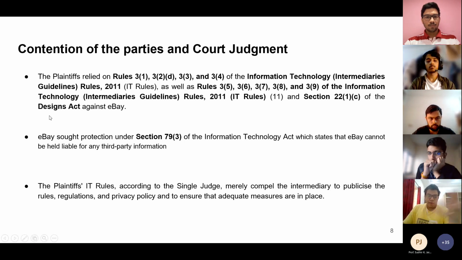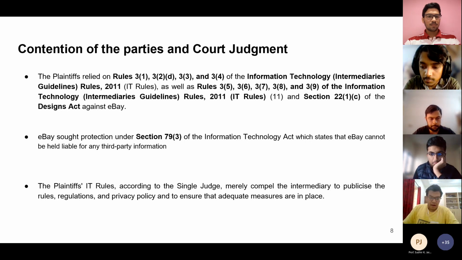So eBay sought protection under section 79(3) of the act, and it states that eBay cannot be held liable for any third party information, because in this case it is third party and the direct parties associated were Kent and Amit Kotak.